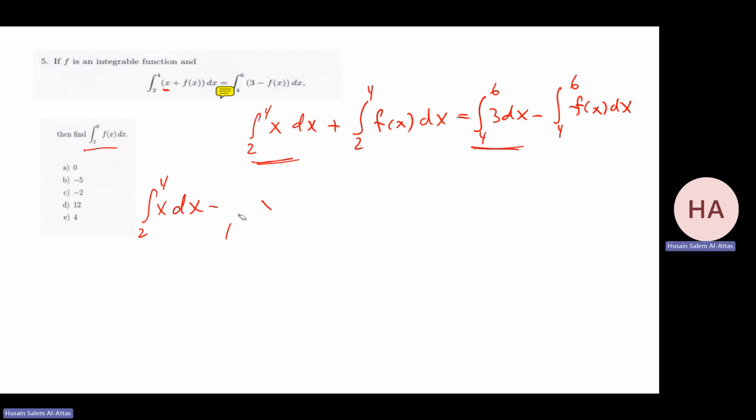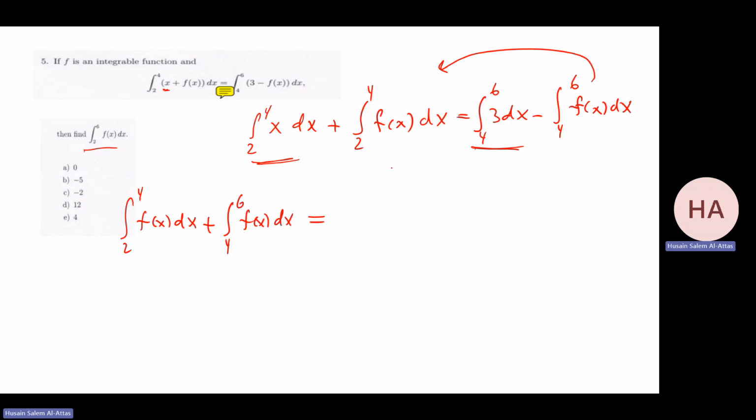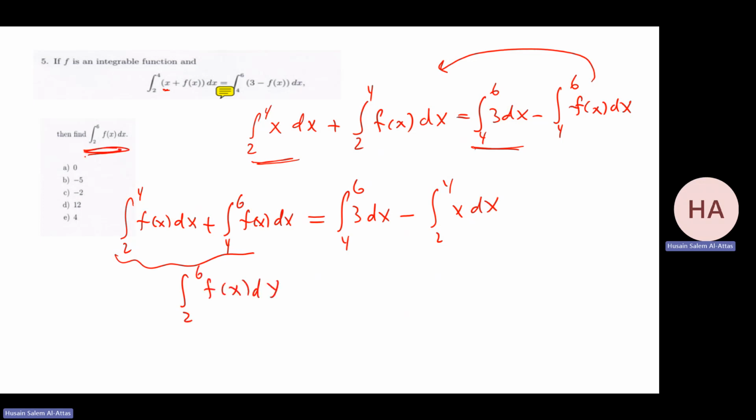Or I can do it the other way, maybe to avoid the minus. So let me take this to the other side. So I have the integral from 2 to 4 of f of x dx plus the integral from 4 to 6 of f of x dx. That will be the integral from 4 to 6 of 3 dx minus the integral from 2 to 4 of x dx. This one is the integral from 2 to 6 of f of x dx, which is what I'm looking for.